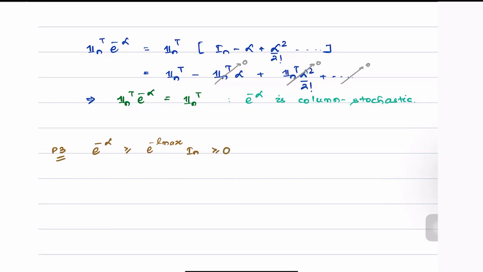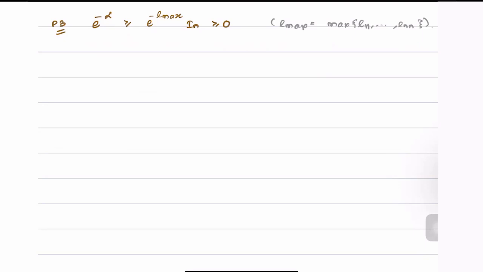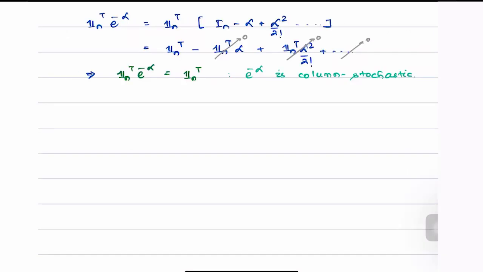So just to remind you, L max here is the maximum of all the diagonal entries of the Laplacian. This is L max. So now let's look at the proof of this property. So this is slightly more detailed than the previous two proofs that we saw before.